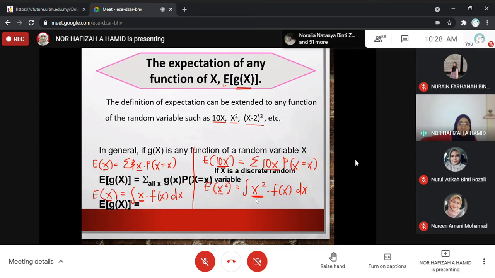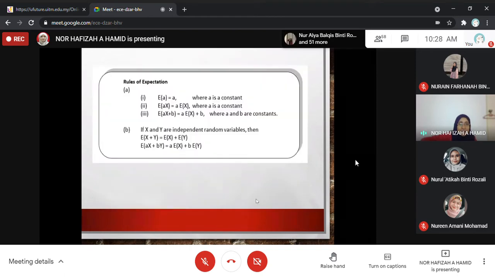Or you can also solve using rules of expectation. So kita ada dua cara macam mana you nak solve untuk expectation of any function. Contoh yang tadi lah, kalau you nak calculate for E10x. E10x, kalau you nak pakai formula, then dia jadi summation of the 10x times with the probability. Ni example kalau dia discrete.